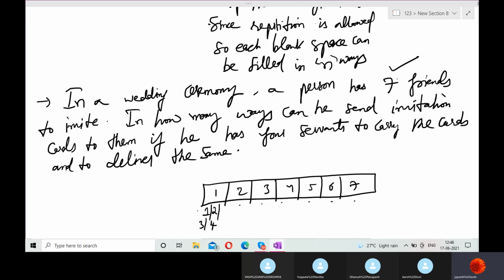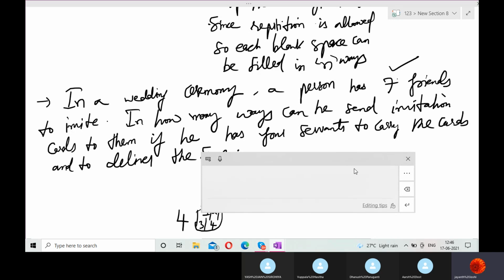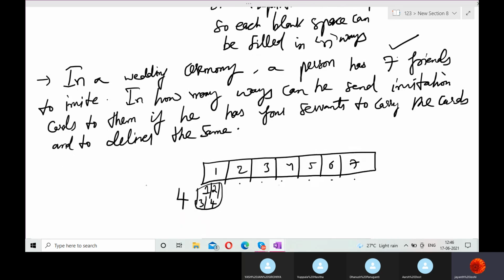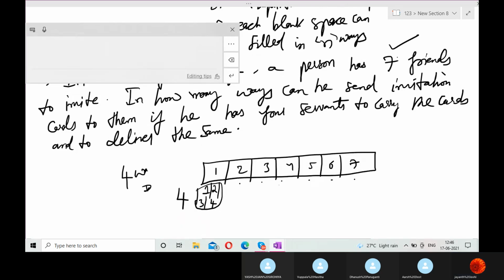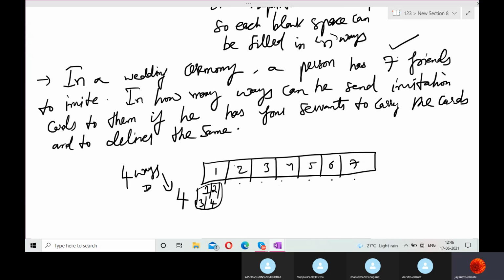So in how many ways can the card be sent to the first friend? 4 ways. So this friend also 4 ways, this friend 4 ways, 4 ways, 4 ways, 4 ways.